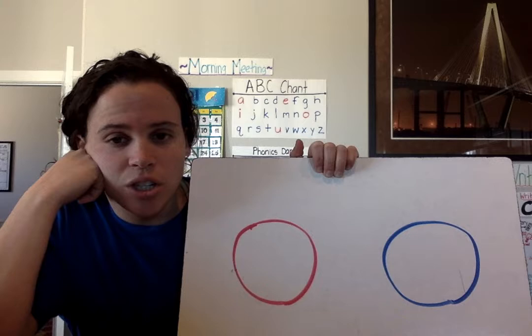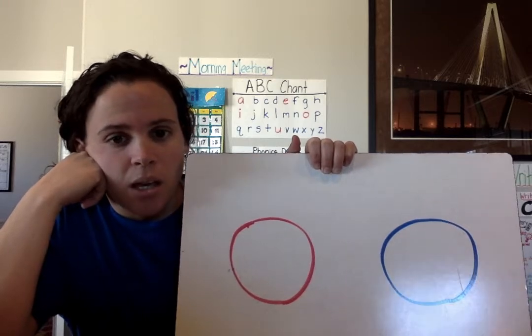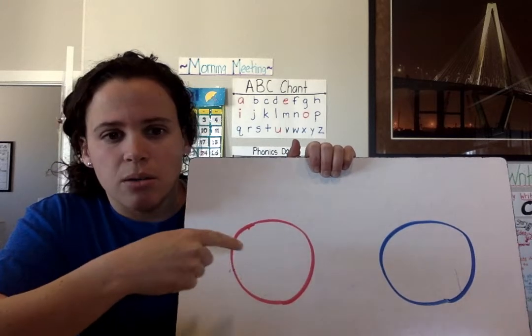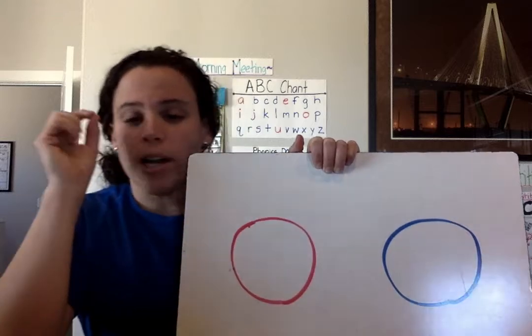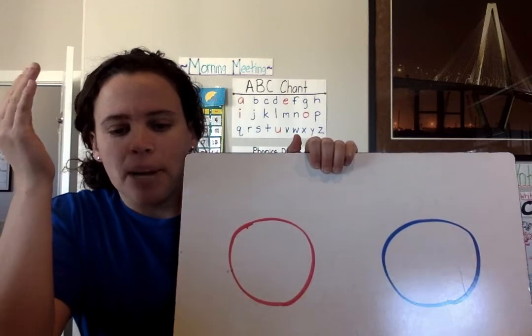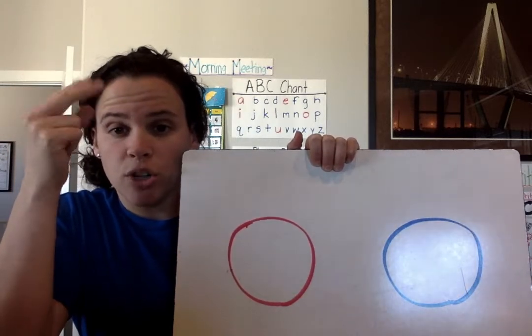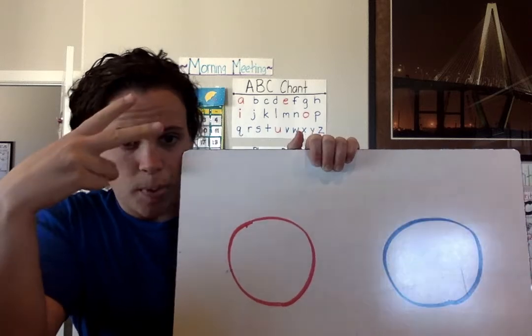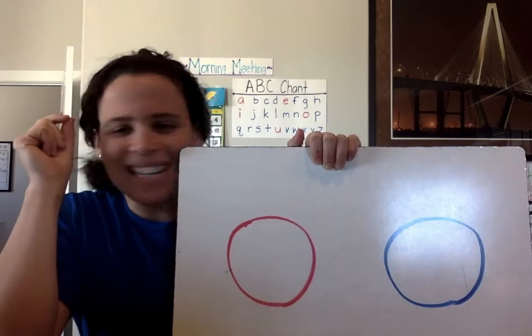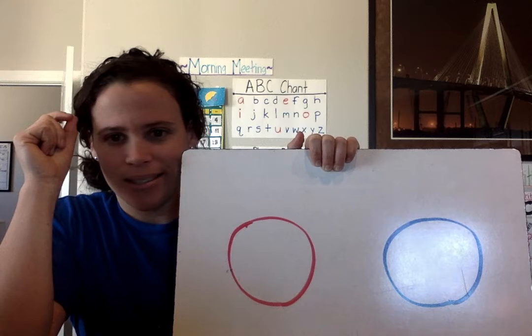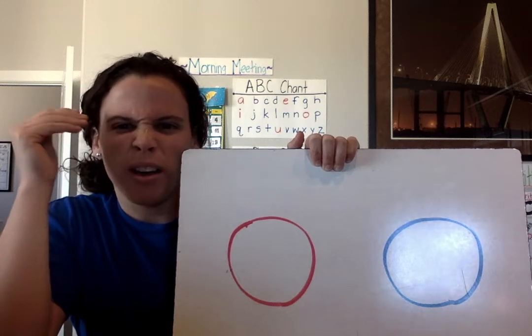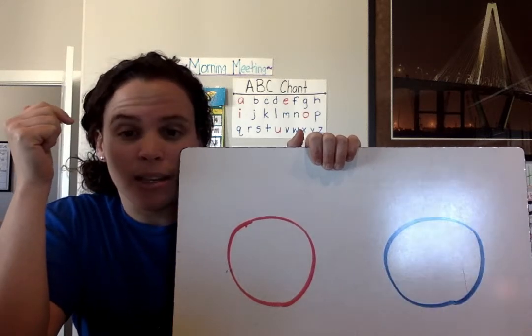Then in the blue circle, or your second circle, I want you to draw a line again, but I want you to draw a line so you can show two parts again. So two parts, but they are not the same size. So think about how it would be unfair if your friend got more of the pizza than you.